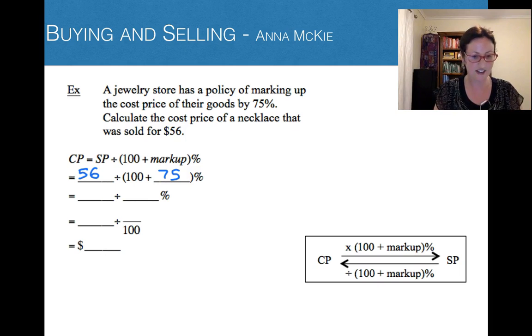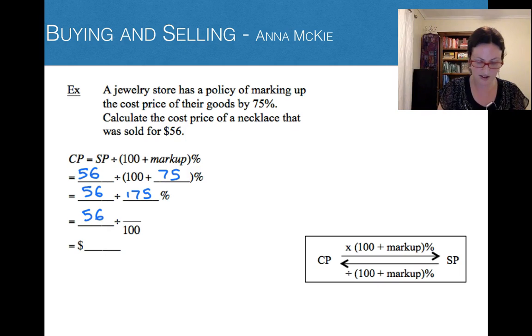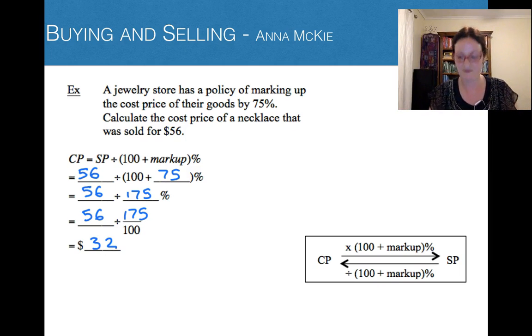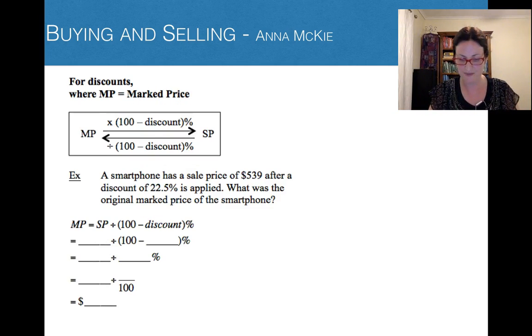And now filling in some of the blanks, we've got 56 there, 100 plus 75 gives us 175. And percentages we must write as over 100. We have 56 divided by 175 over 100. With your calculators handy, you would get 32. So $32 that they would have bought it for originally.